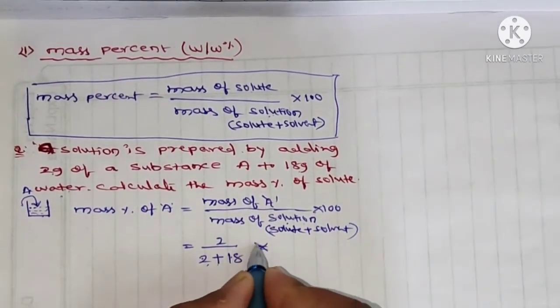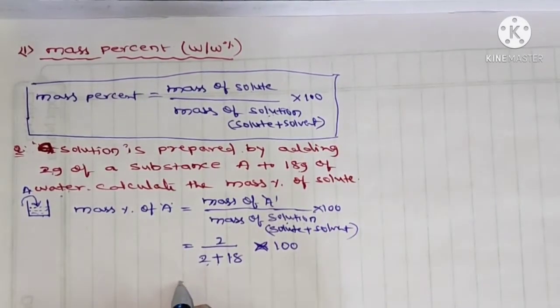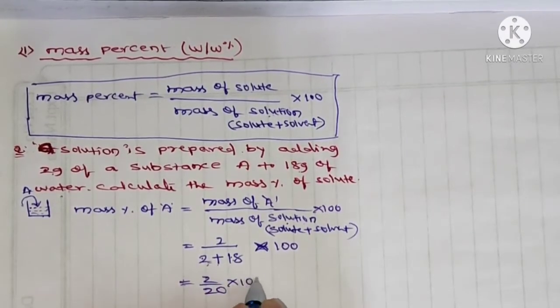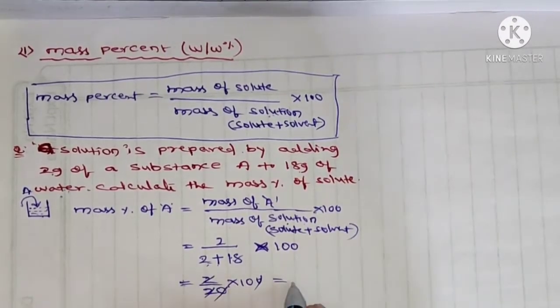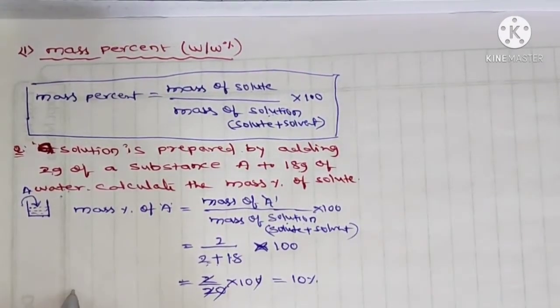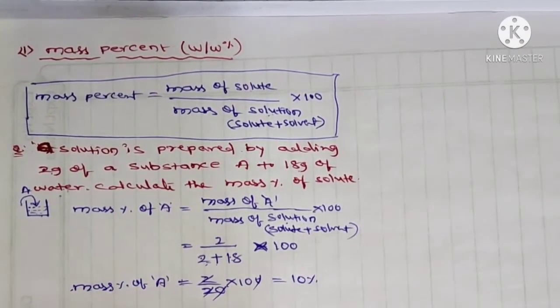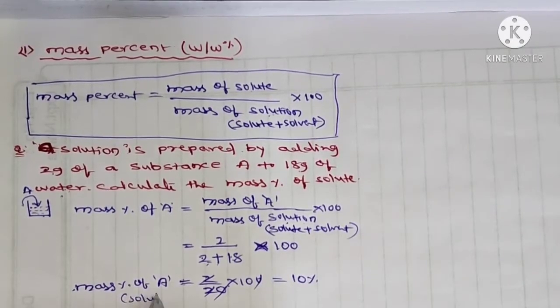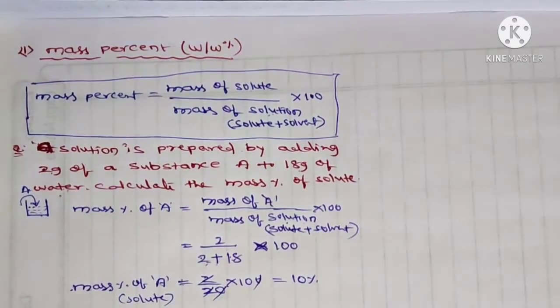So 2 divided by 20, into 100, is equal to 10%. So the mass percent of solute A is 10%.